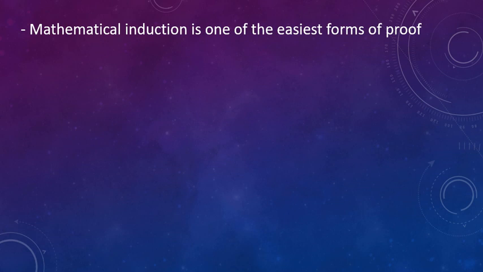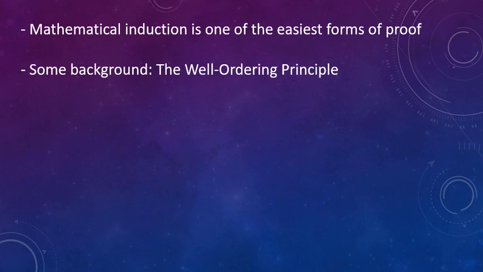But perhaps you have not seen or heard of the mathematical principles that are really operating behind the scenes here. You may not have seen or heard about what's really letting us say that mathematical induction is a valid form of proof. And that background mathematical principle is this thing called the well-ordering principle.